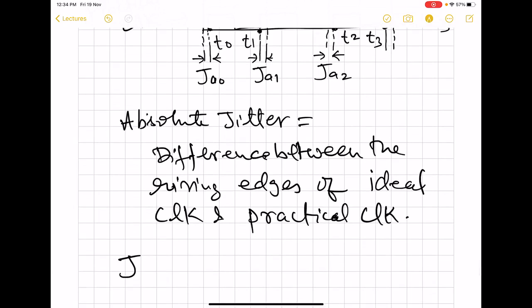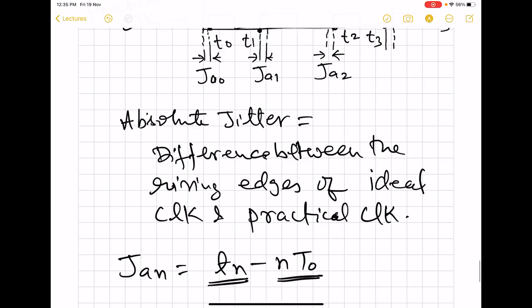So this quantity will be designated by J_A(n), and this is going to be equal to the rising edge moment of the nth clock minus the duration of n cycles. So the ideal clock rising edge will occur at this moment, but for the practical clock, the rising edge of the nth cycle will occur at this moment.